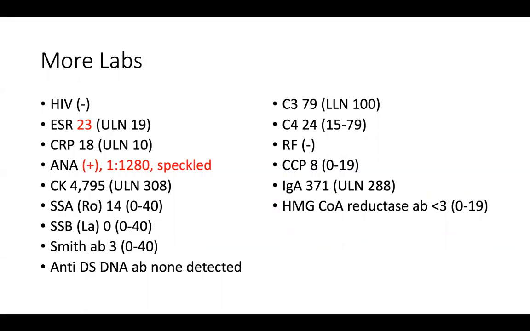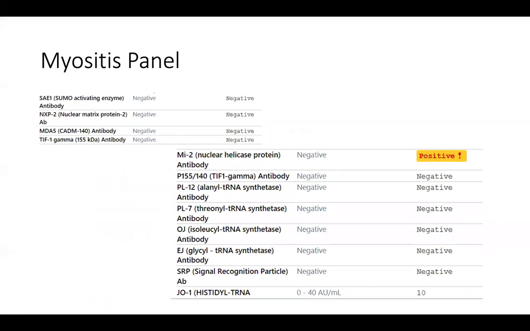Otherwise, really unremarkable. That low C3, that low complement, especially in the case of acute inflammation when it's so mildly low, is not something that they dealt with further. And he also had an acute myositis panel sent. That's looking for really autoimmune etiologies, and it came back with an Mi-2 antibody positive.